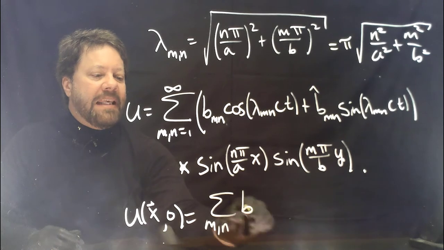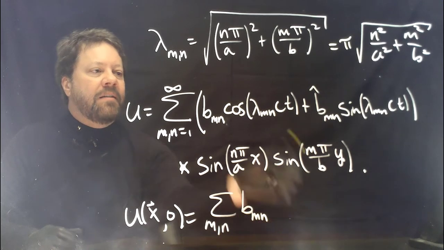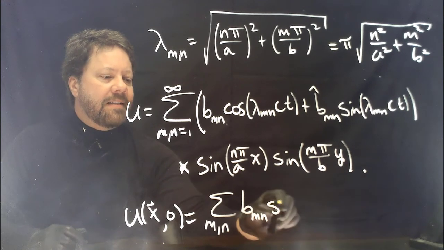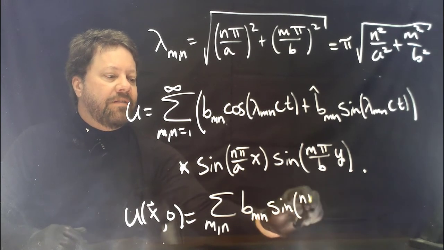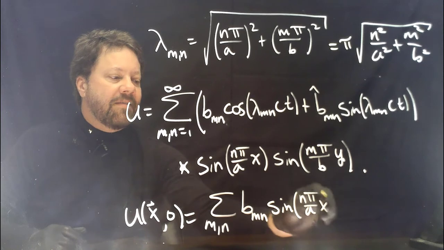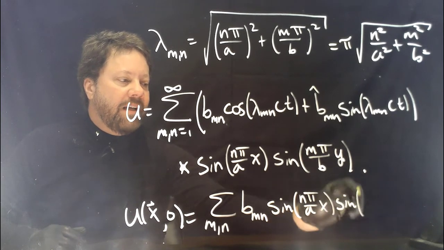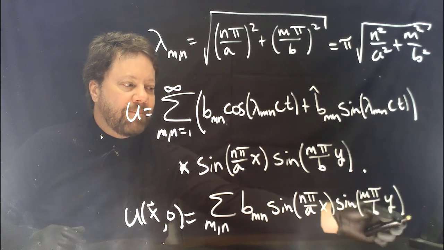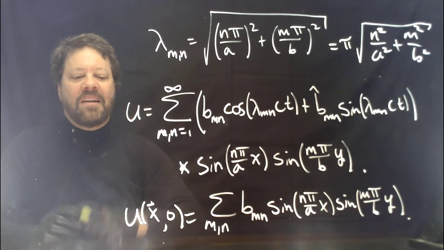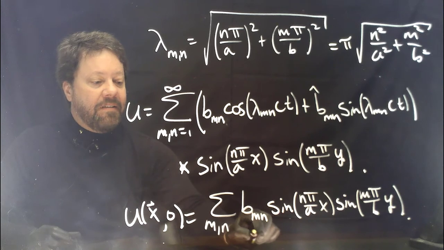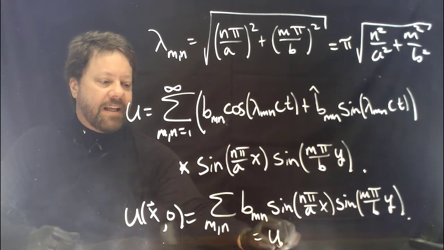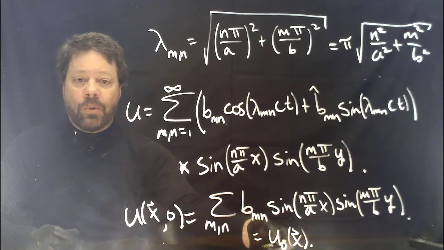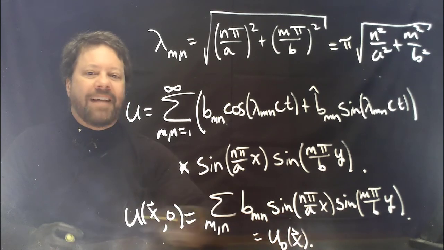We'll have b mn cosine at 0 is 1, so we're just left with the sine of n pi over a x, the sine of m pi over b y. Now, we also have the initial condition that this has to satisfy. It has to be equal to some function u0 of x.